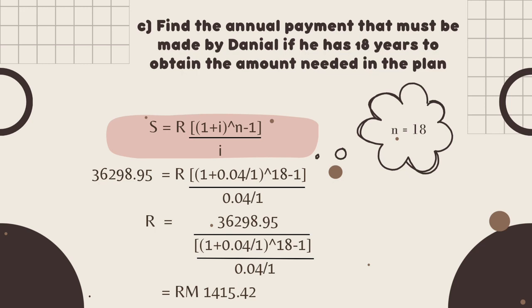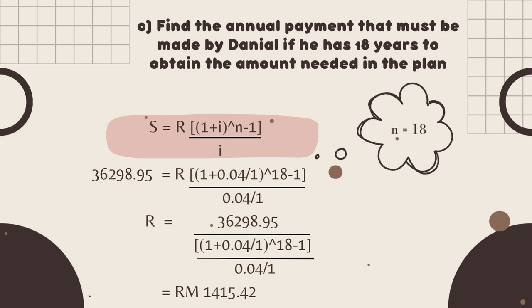C. Find the annual payments that must be made by Daniel if he has 18 years to obtain the amount needed in the plan. Given n is 18, so we will use the formula S equals R times ((1 plus i) to the power of n minus 1) divided by i. We take the answer in B and put it as S because we need to find the annual payment, which is R. So 36,298 ringgit 95 cents equals R times ((1 plus 0.04 over 1) to the power of 18 minus 1) divided by 0.04 over 1.